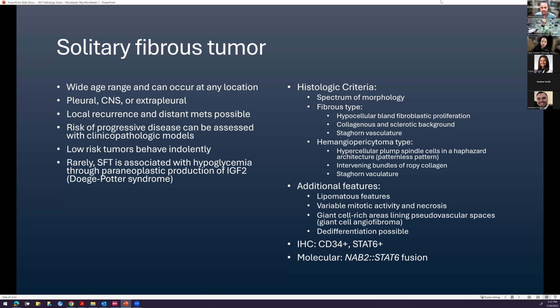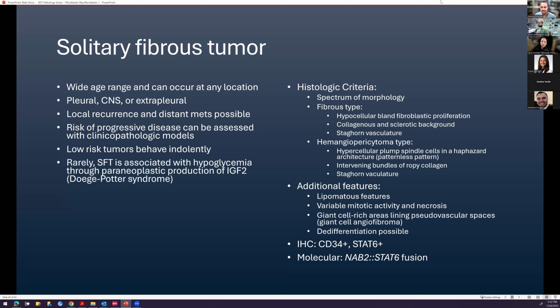Here are some additional features. You can get lipomatous features in these tumors. It's called a lipomatous SFT, and it can be very confusing. You can have adipocytic metaplasia. These tumors can have variable amounts of mitotic activity and necrosis depending on their risk.